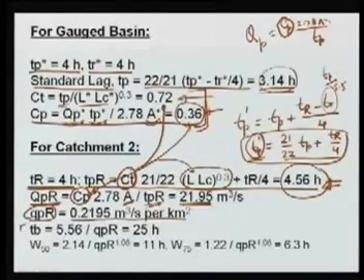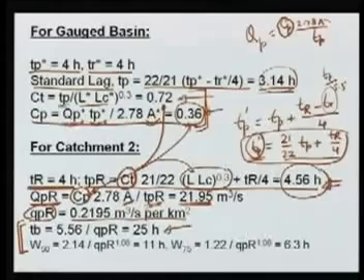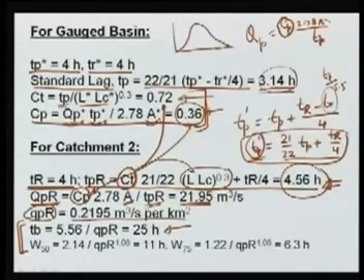Then, to help draw the hydrograph, there are some equations which are proposed. For example, the time base of the hydrograph can be obtained by approximating it by a triangle and equating the area to unity.